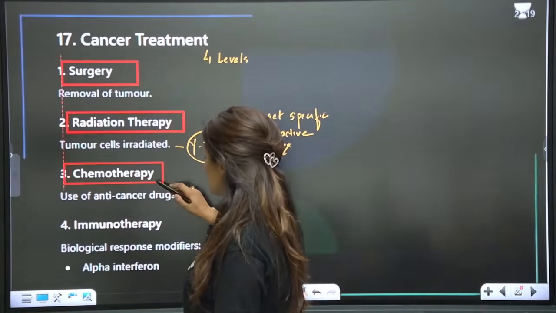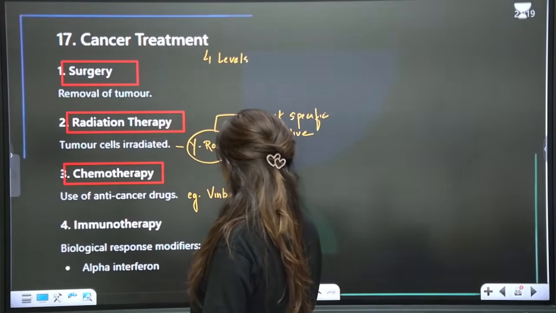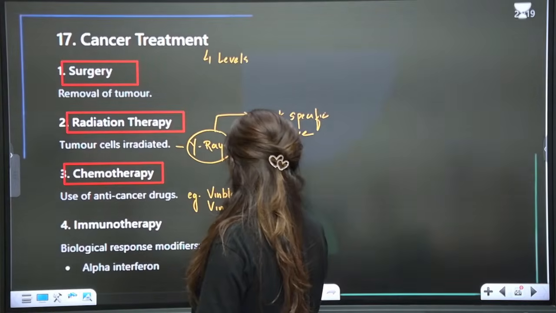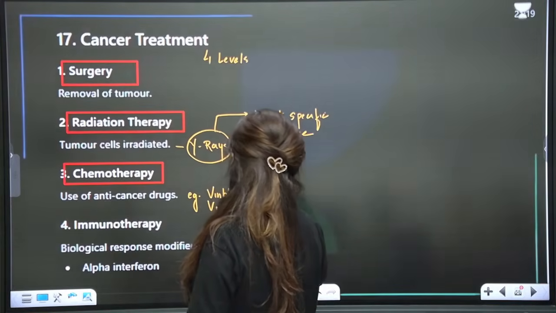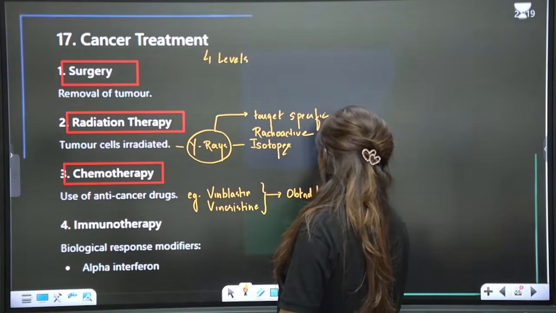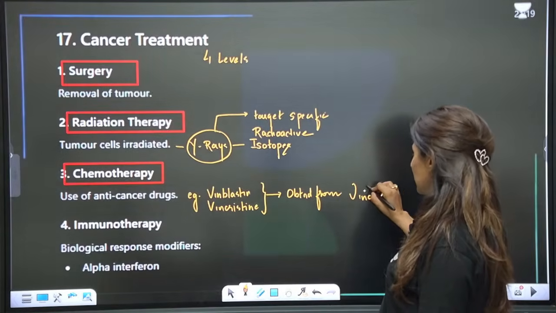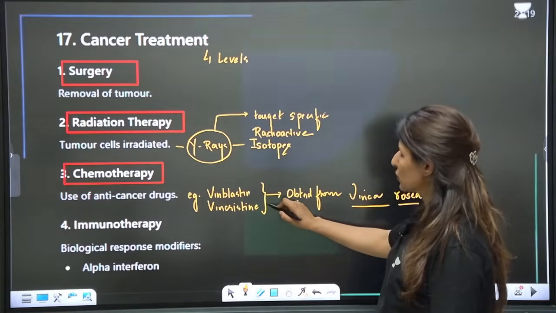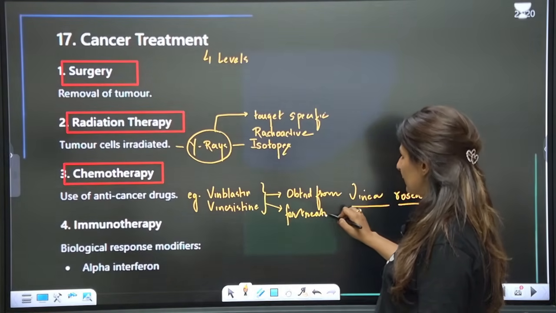Then we have chemotherapy. In chemotherapy, we are using anti-cancer drugs. For example, we have vinblastine and vincristine. These two drugs are obtained from Sadabahar, Vinca rosea, a very commonly growing shrub, and it is used for the treatment of blood cancer.